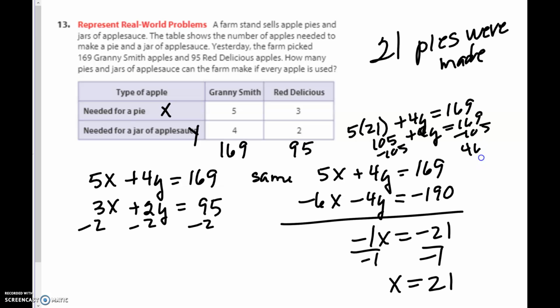So 4y equals 9 minus 5 is 4, 6 minus 0 is 6, and 1 minus 1 is 0. Divide both sides by 4, and 64 divided by 4 is 16. So that means 16 jars of applesauce were made. So how many pies and jars of applesauce were made? Well, they made 21 pies and 16 jars of applesauce.